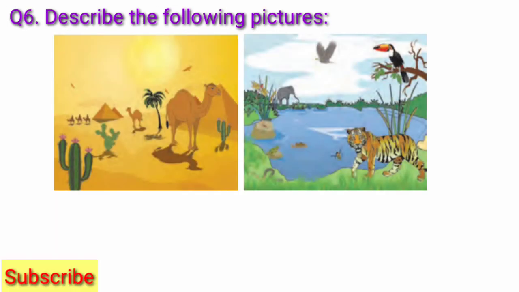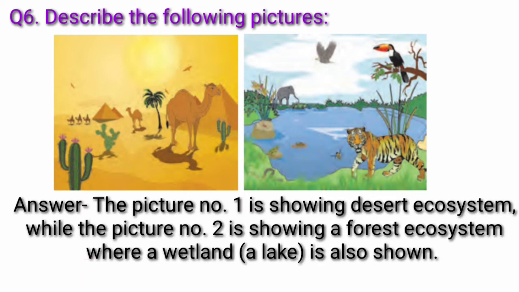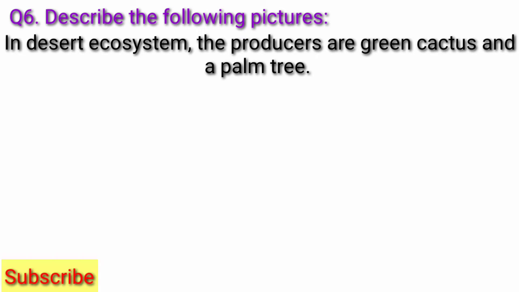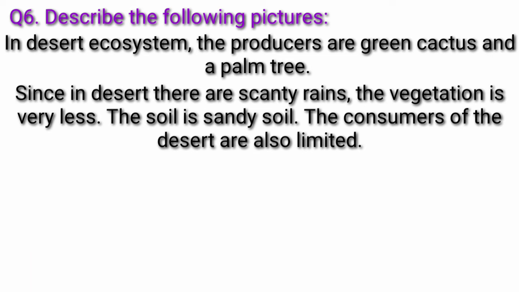Now question 6. Describe the following pictures. Answer. The picture number 1 is showing desert ecosystem, while the picture 2 is showing a forest ecosystem where a wetland is also shown. In desert ecosystem, the producers are green cactus and a palm tree. Since in desert there are scanty rains, the vegetation is very less.